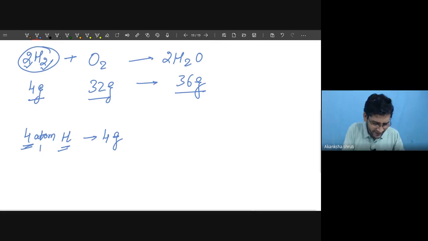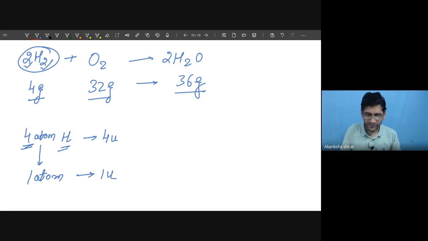Then if this was 1 atom, it is basically not the gram. Later on it was discovered the correct term used for this gram is AMU. So with later discovery, this G was replaced by U. So for 1 atom, it was 1 U.